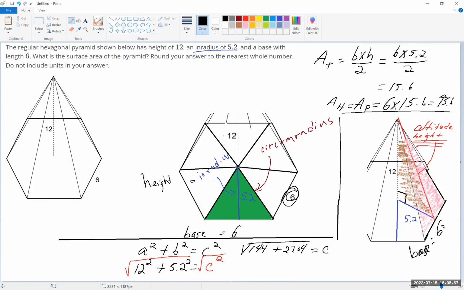And then, so then if I add those, 144 plus 27.04 is 171.04.